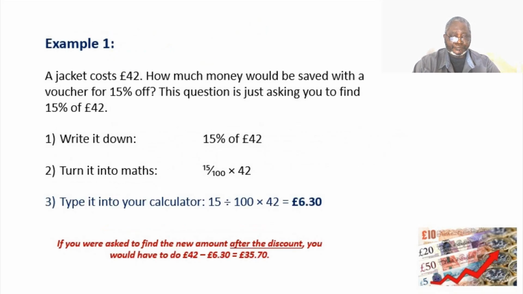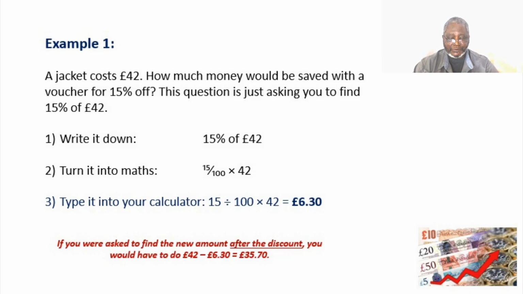Example 1. A jacket costs £42. How much money would be saved if a voucher for 15% off is given? This question is just asking you to find 15% of £42.